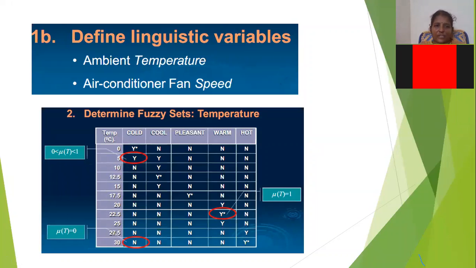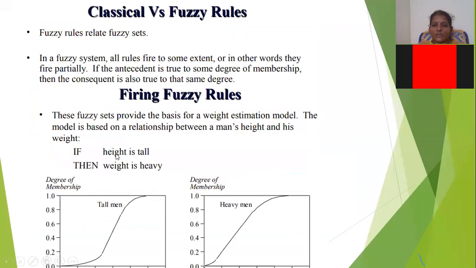Based on temperature, defining fuzzy sets, you are considering your first membership function to be temperature. So here, for different ranges of temperatures.